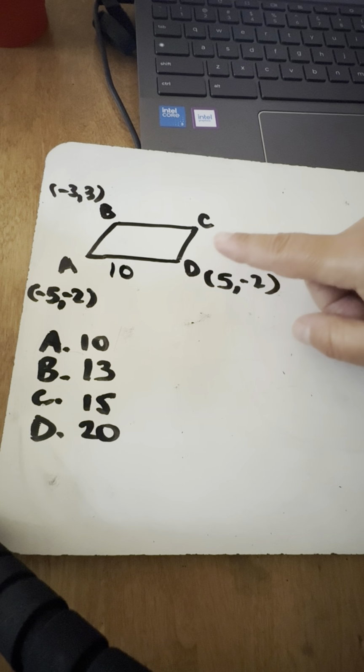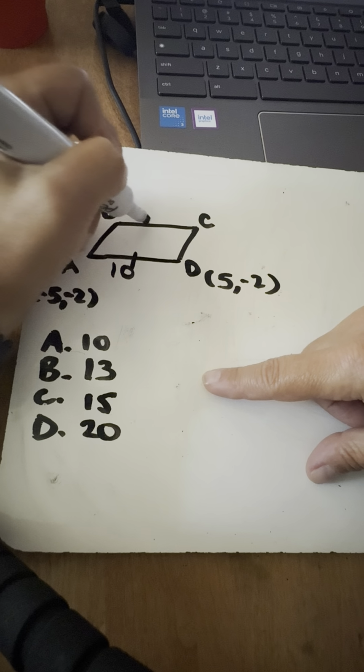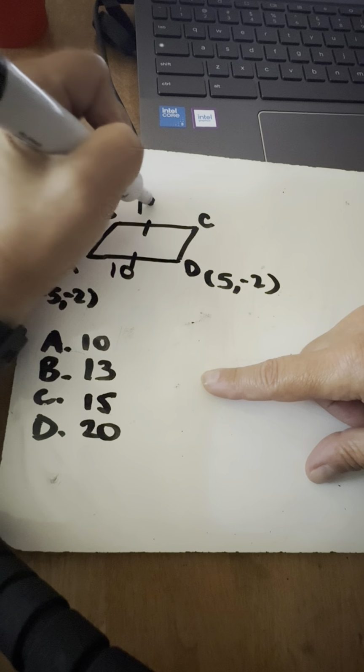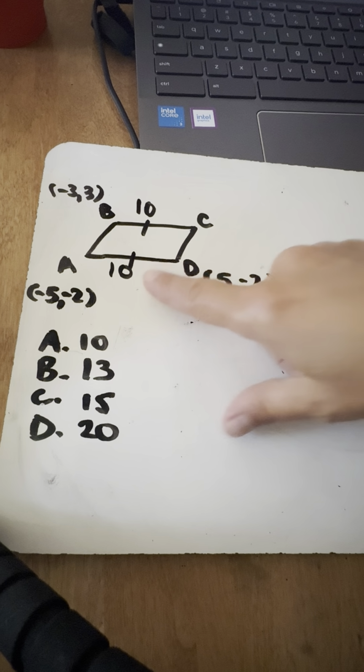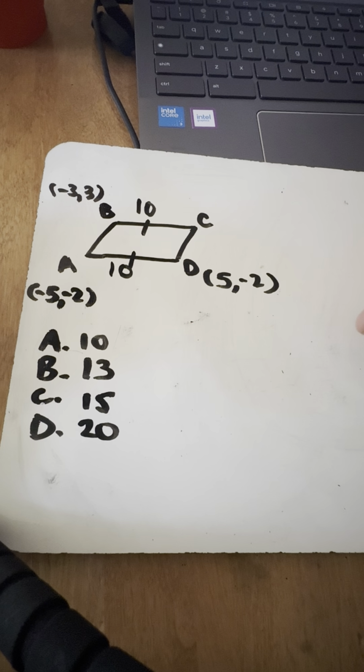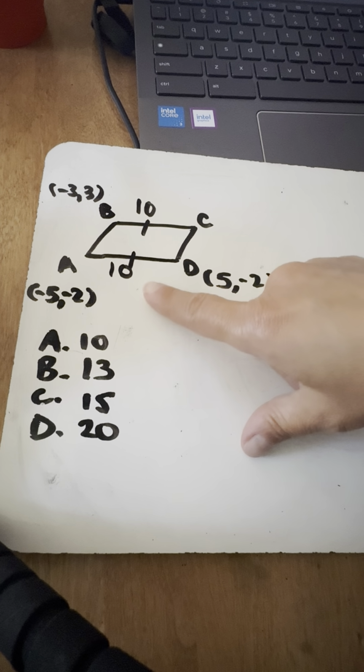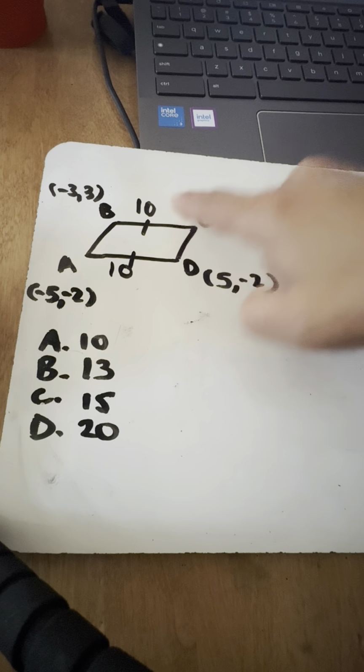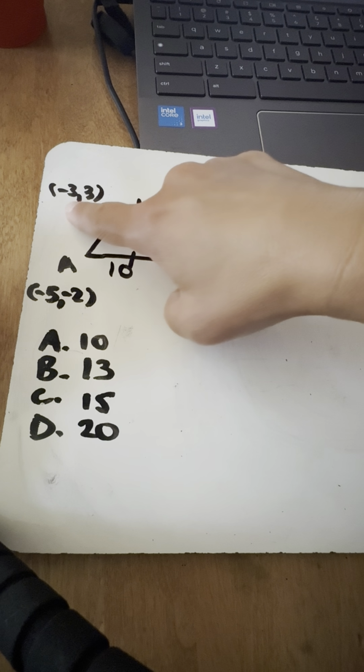Now, because this is a parallelogram, this side is equal to this side. I don't really need that information, but I do need this piece. This is -3.